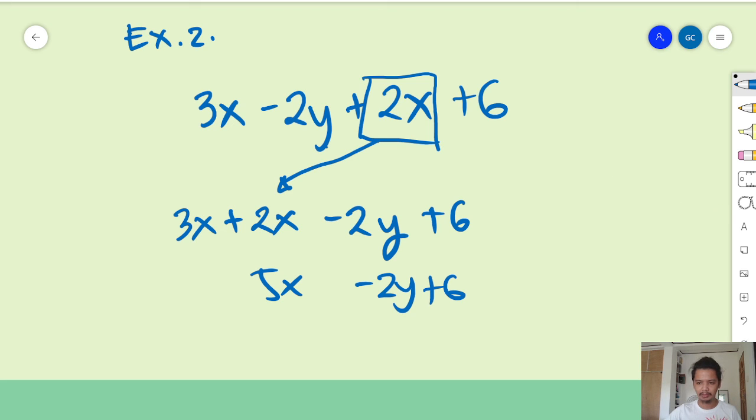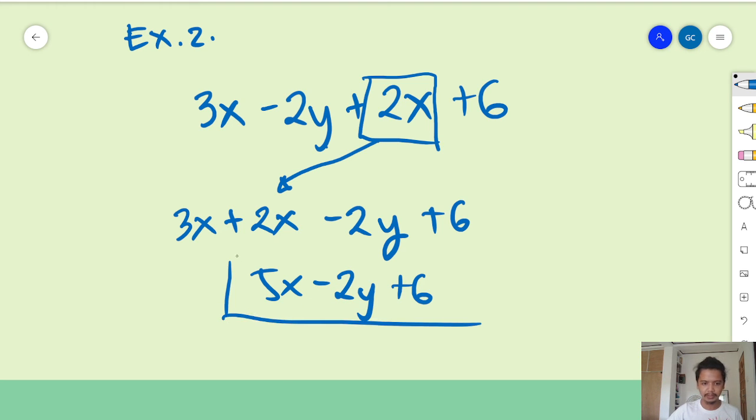Medyo napalayo lang yung sulat ko, pero hindi nyo kailangan magkaroon ng social distancing. So, that's it. Dali lang, di ba? Okay, so, let's look for another example.